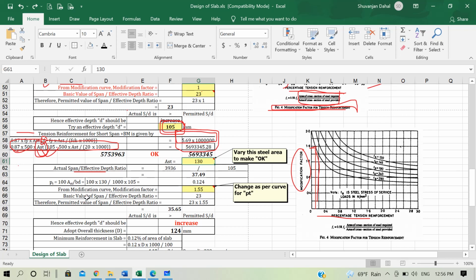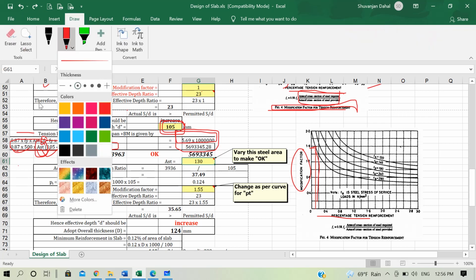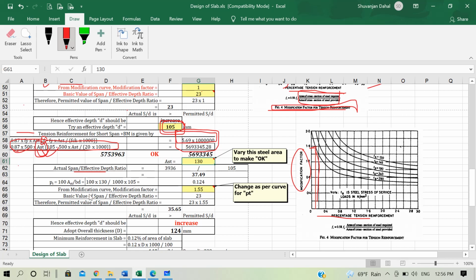You see that this permitted value of span to effective depth ratio is influenced by our modification factor. So the higher the modification factor, the higher will be our permitted value.